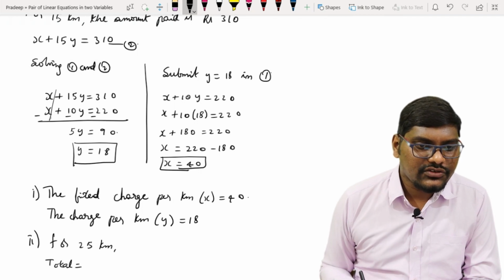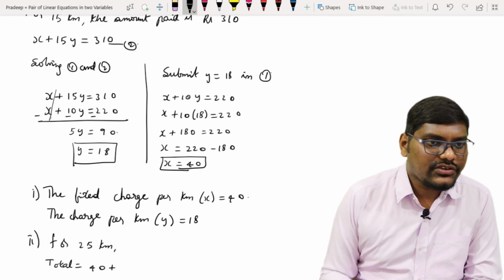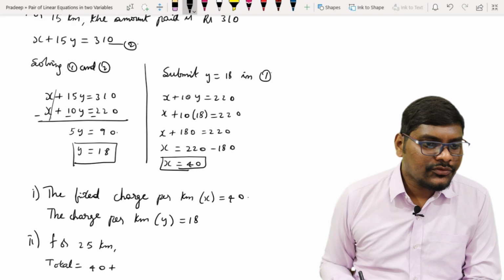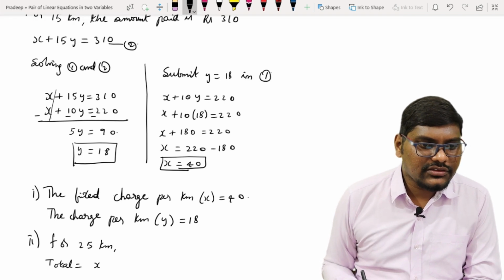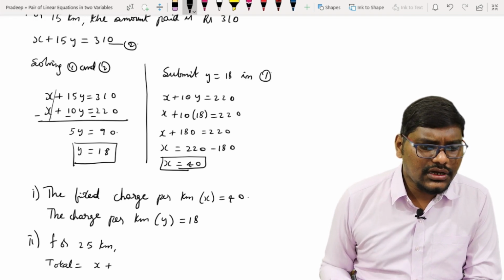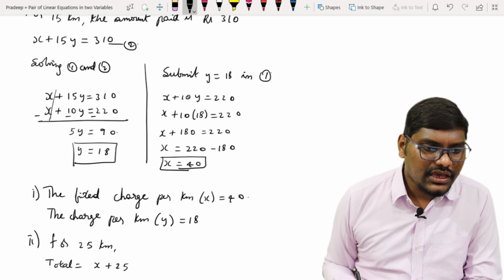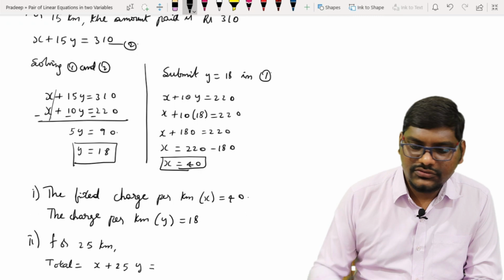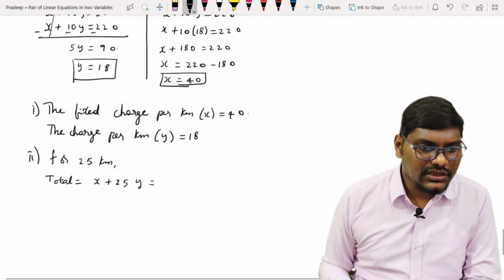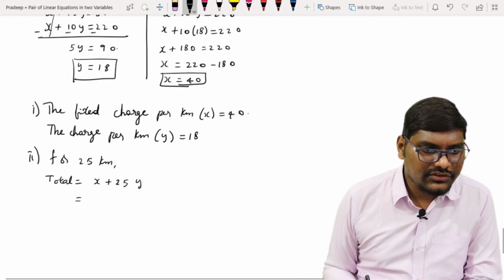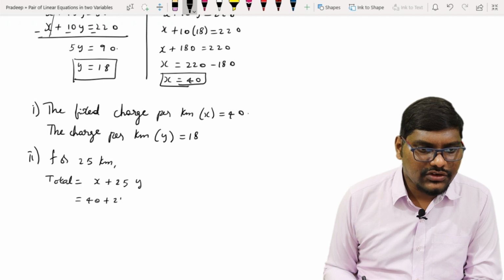For 25 kilometers, the total is how much? We are writing in this particular form: x plus 25 times y. So x we are taking as 40 plus 25, and y is 18.